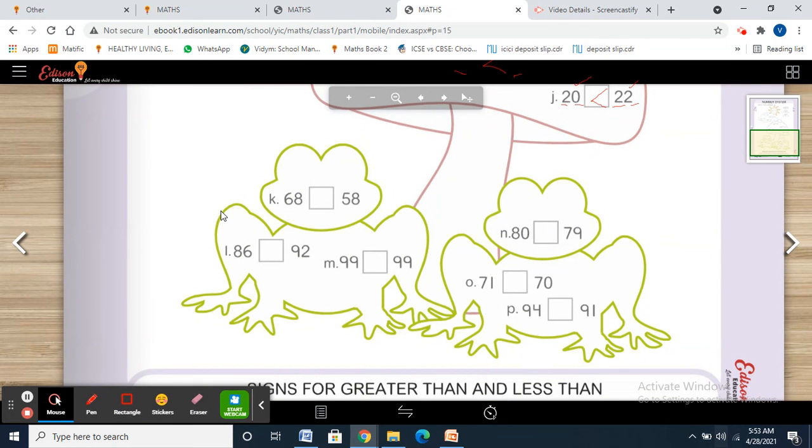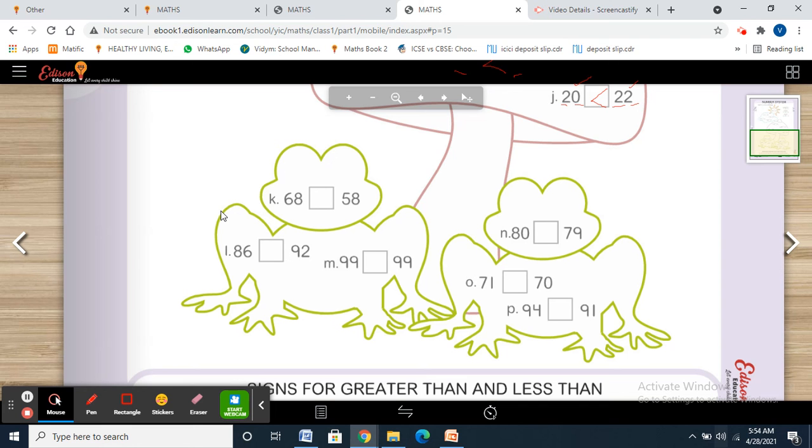Checking the place values of numbers to put the greater than and less than signs will help you in hundreds and thousands. Tens is very easy. You can count. You can see that 96 will come later on and 16 will come first.